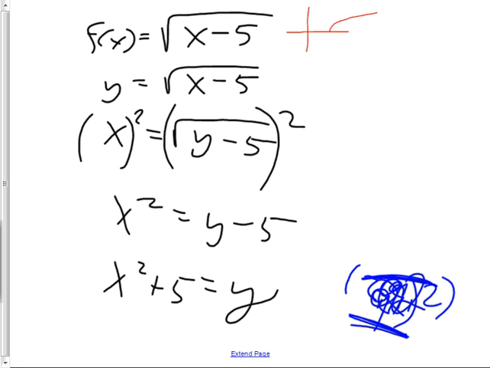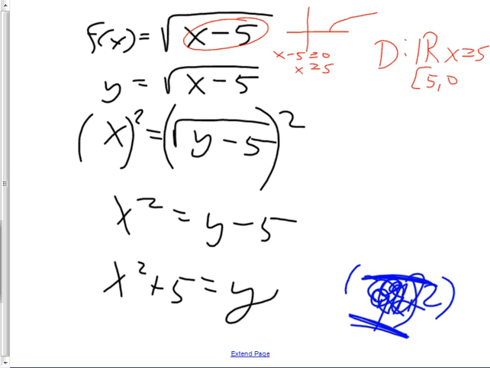The domain of that is you have to be 5 or bigger. I also could have done that by saying take this and set x minus 5 greater than or equal to 0. Add 5, x greater than or equal to 5. So you can do it from the picture, you can do it from this, but there's my domain. So the domain is x greater than or equal to 5. Another way to do that is 5 to infinity. That's the domain. So what's that become on my new function then?